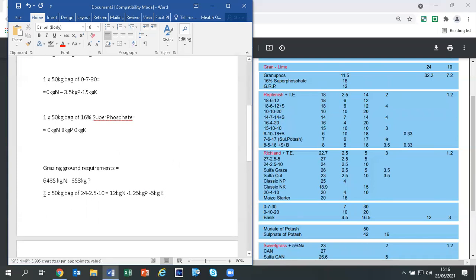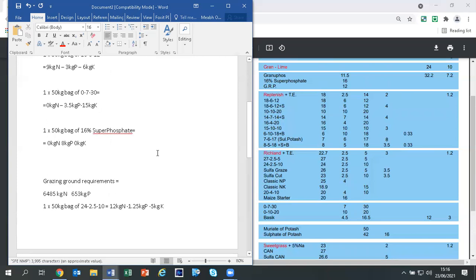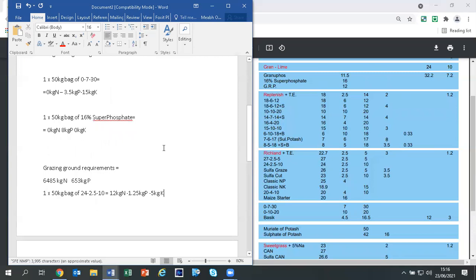So a 50 kilo bag of 24, 2.5, 10 is going to give us 12 kilograms of nitrogen and 1.25 kilograms of P. So hopefully so far that is all okay for everybody.